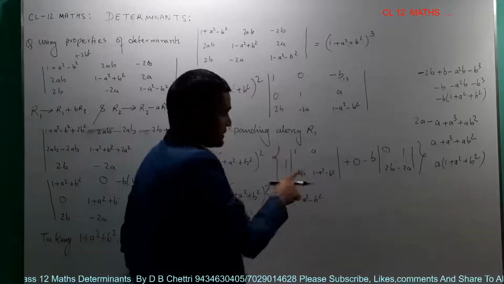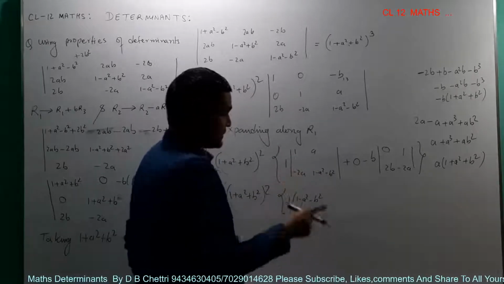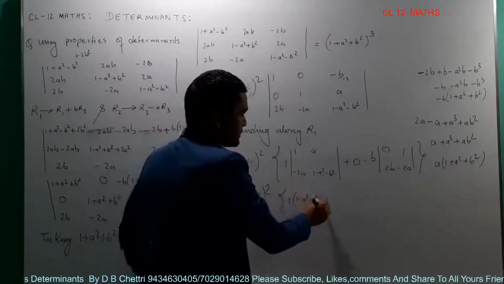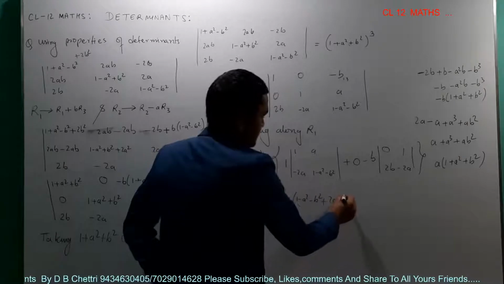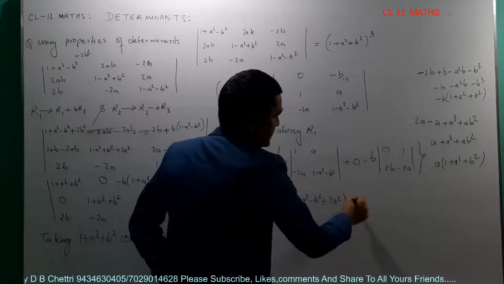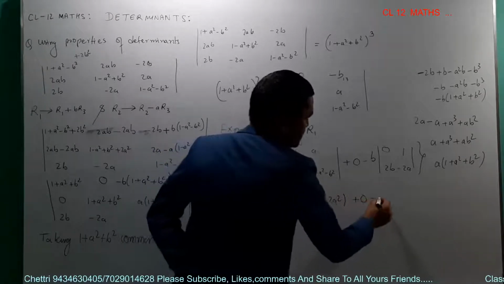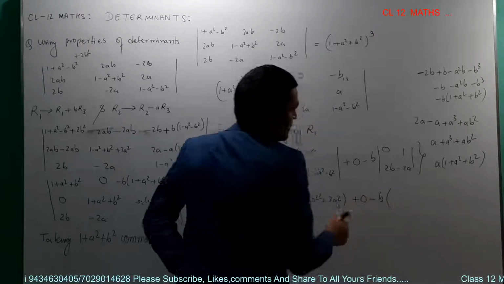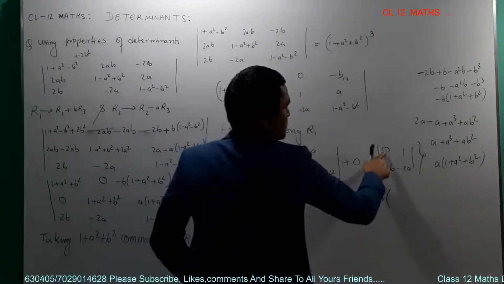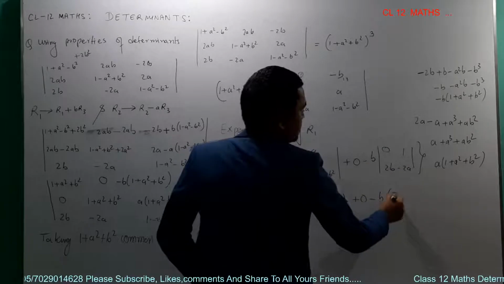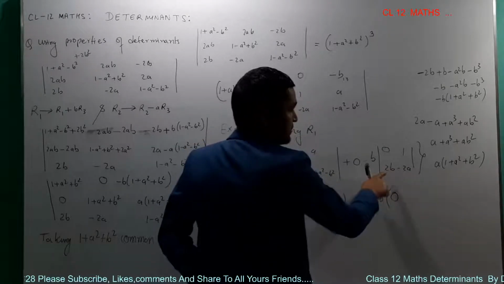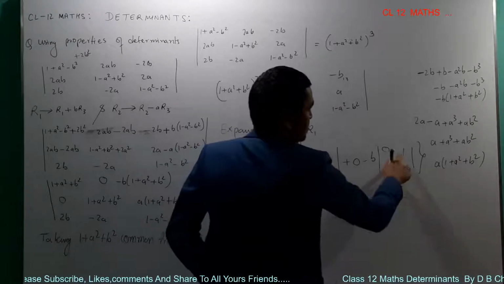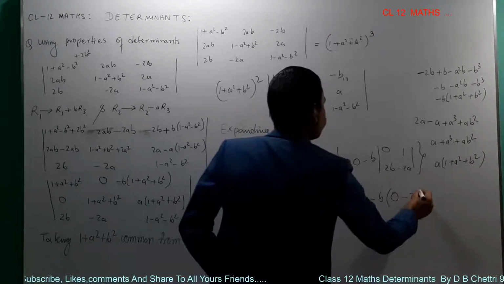That formula minus and this minus is plus: minus minus plus, 2a into a is 2a square. Then 0 multiplied by anything is 0. Then minus b. Then 0 multiplied by a is 0. Then the formula minus and this plus, then minus 2b into 1 is 2b.